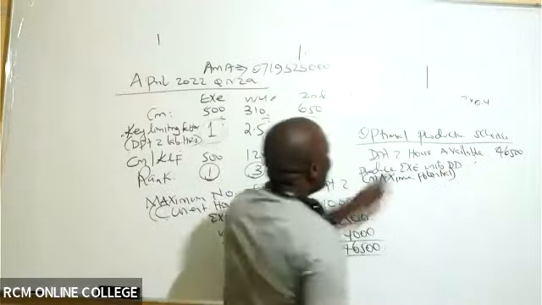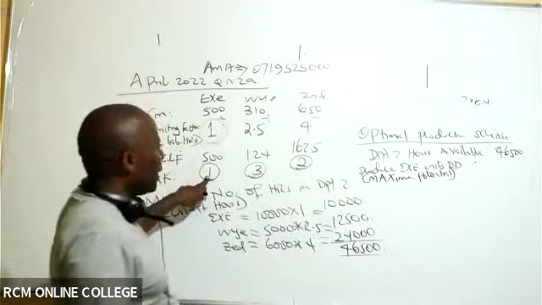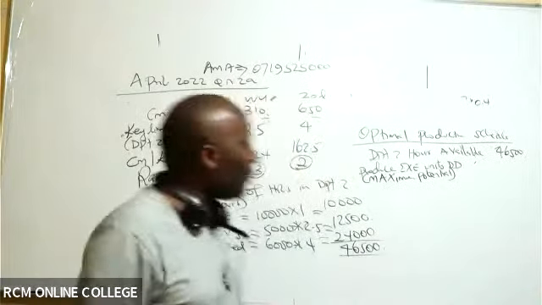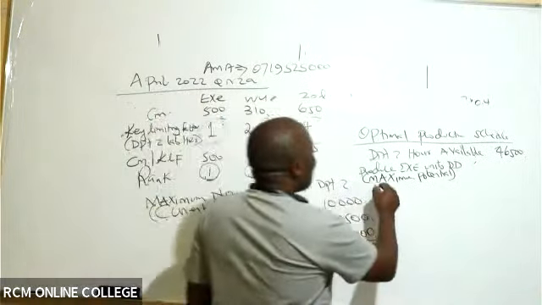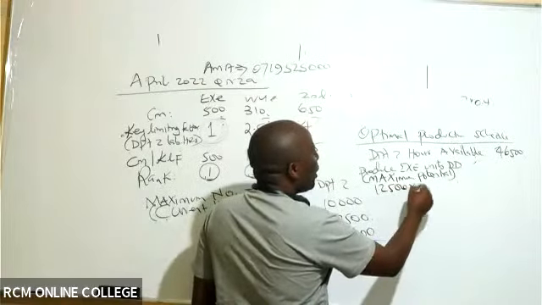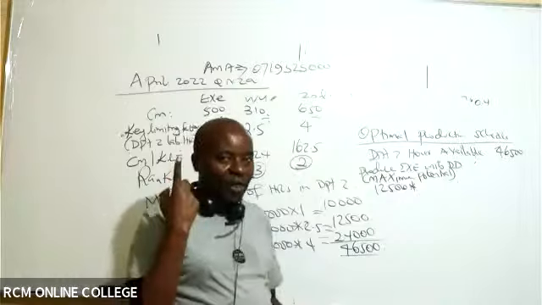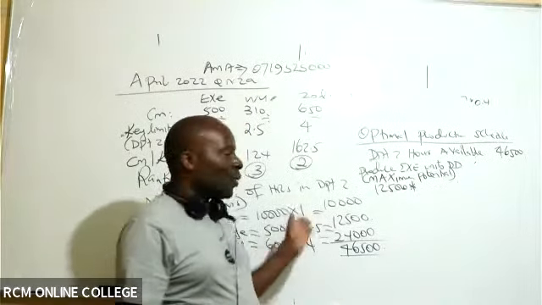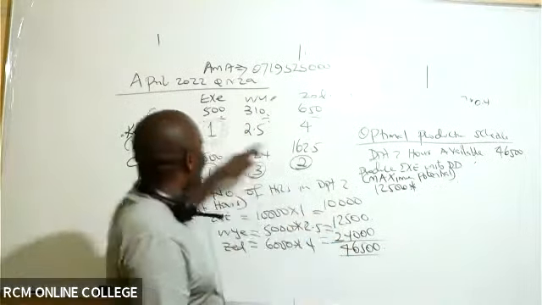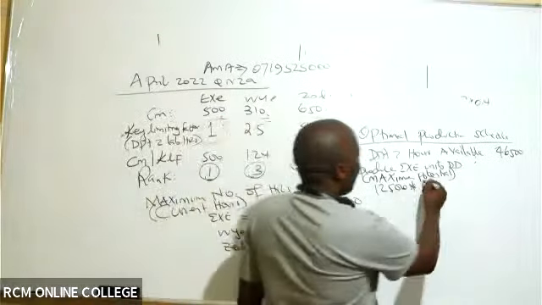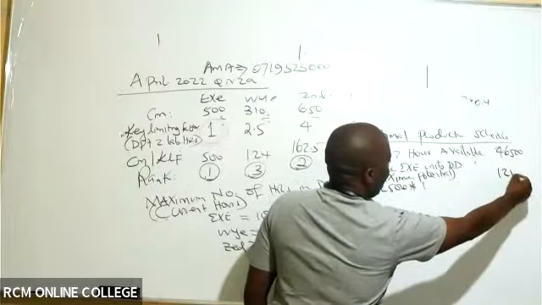I've started with X because X has been ranked number 1. So how many units are we able to see there? 12,500. If we produce 12,500, do we know how many hours each one of them will take us in department 2? Remember, you're only concerned with department 2 now. Department 2 hours are the key limiting factor. So 12,500 times 1 gives me 12,500.